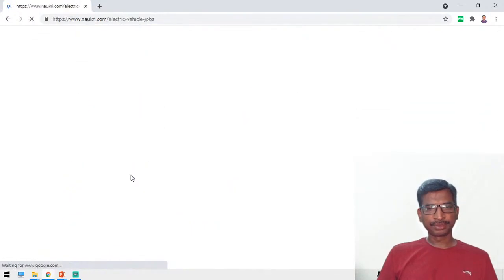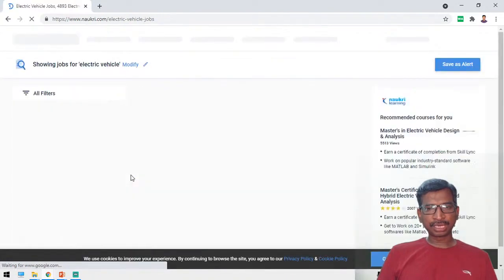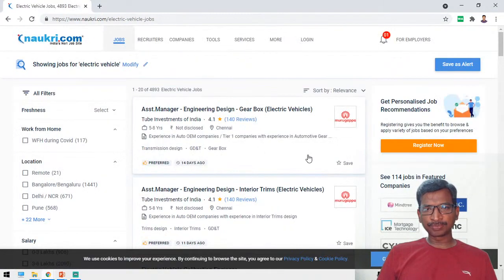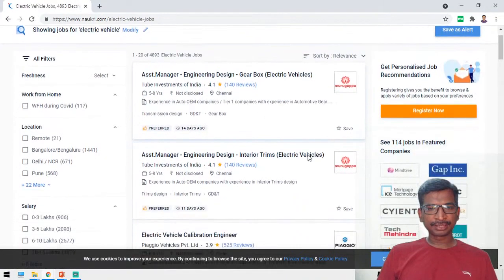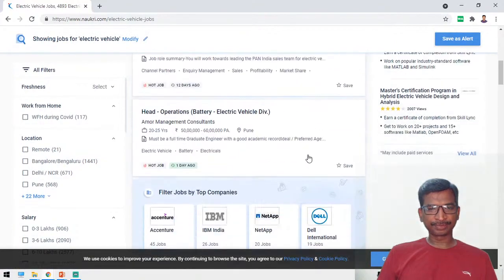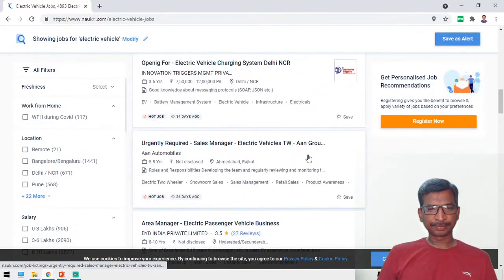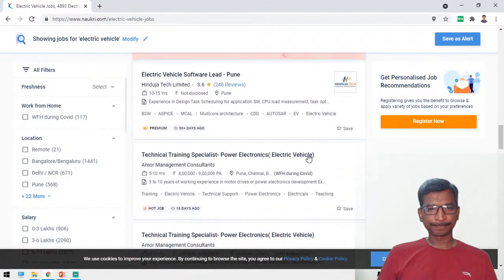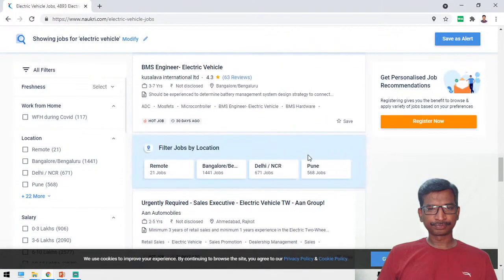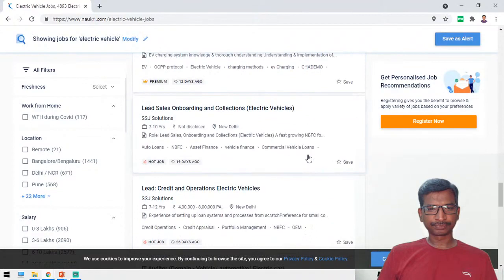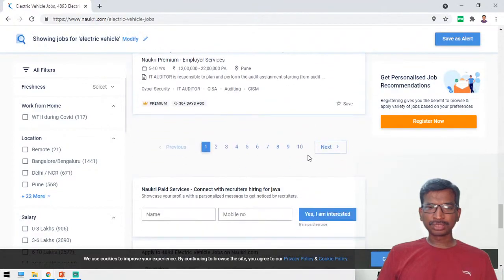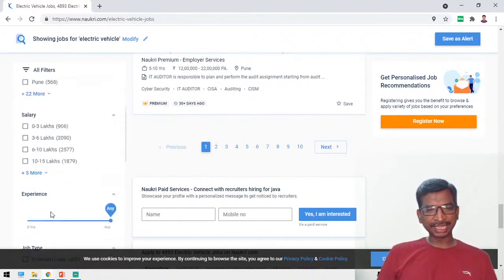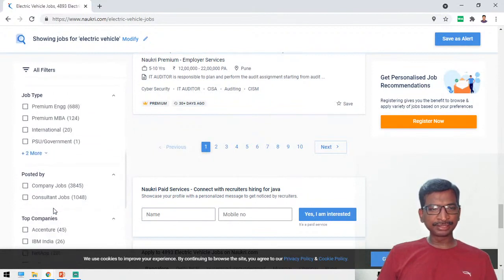Just open it. The latest current jobs will be there, so you can apply. Check with your resume also, based on your expectations like salary and experience. Then you can use it.